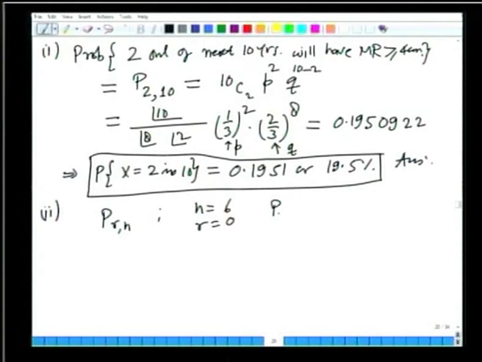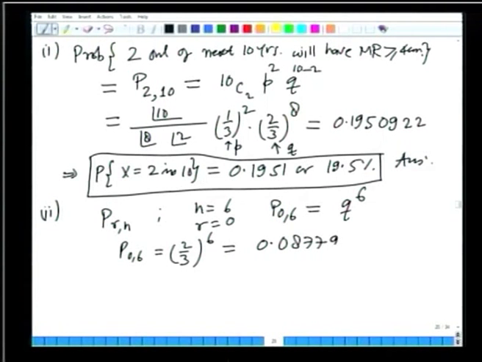Okay. This was actually one of the corollaries we had seen yesterday, all right. So, what would that be? P 0,6 will be equal to what? Will be nothing but your q to the power 6. If you go back and look in your notes, that is what it will be. Okay. So, you just put the value of q, so that your p 0,6 is going to be equal to 2 by 3 raised to the power 6, and that will be your answer, and if you simplify it will be 0.0877 and 914 to be more precise.